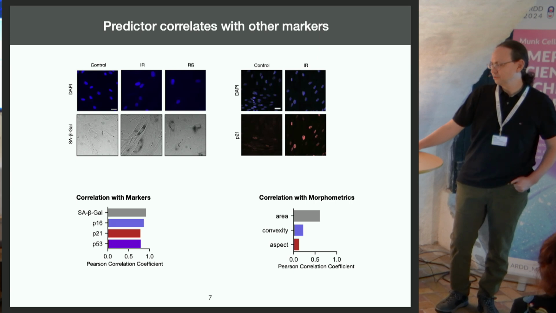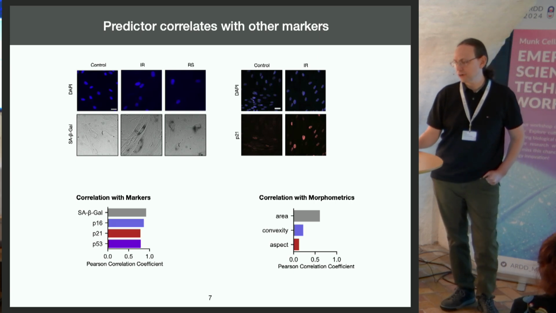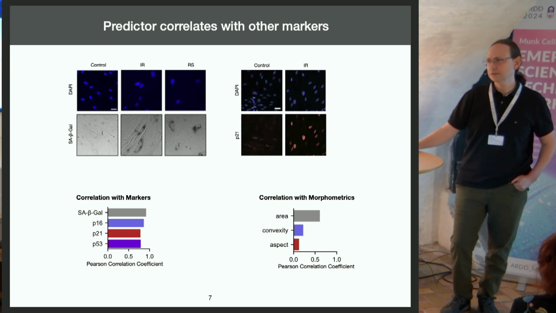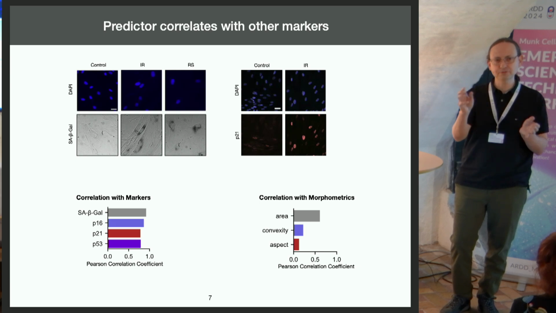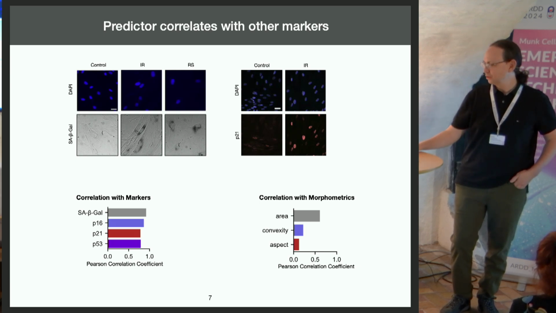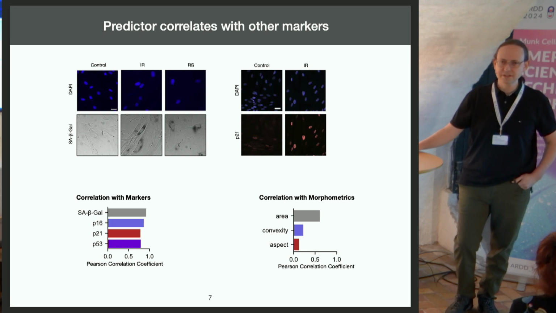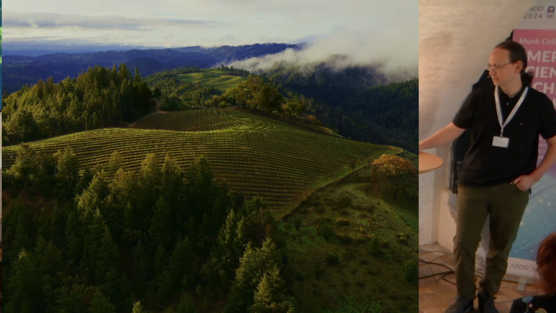We also compared the predictor to some traditional morphometrics, things like area, convexity, and aspect. Convexity is essentially a measure of how twisted the nuclear envelope is. Interestingly, the correlation is quite low on most of these, except area, which tells us that the predictor is picking up on some very nuanced aspects of it.